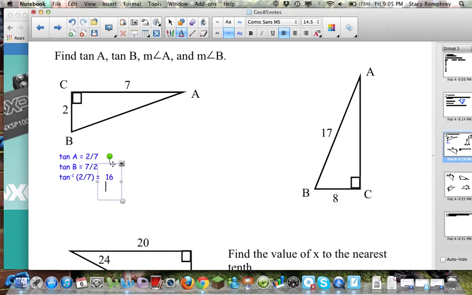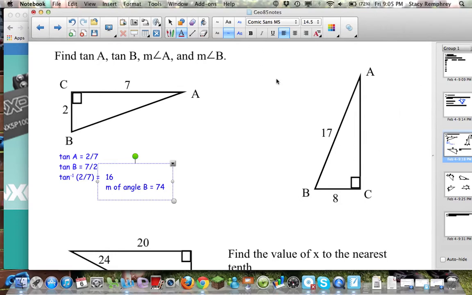And then for the measure of angle B, well, you can do the inverse tangent, but you know this is 90, you know this is 16. So now you can just know that the angles of a triangle are 180 degrees. So this should come out to be 74.